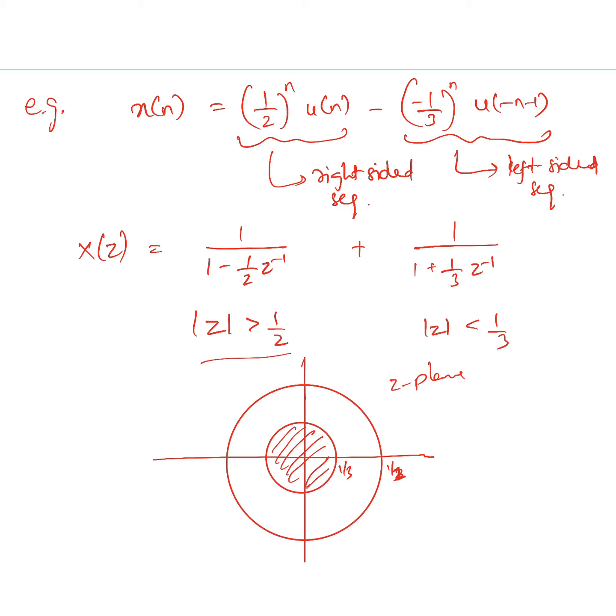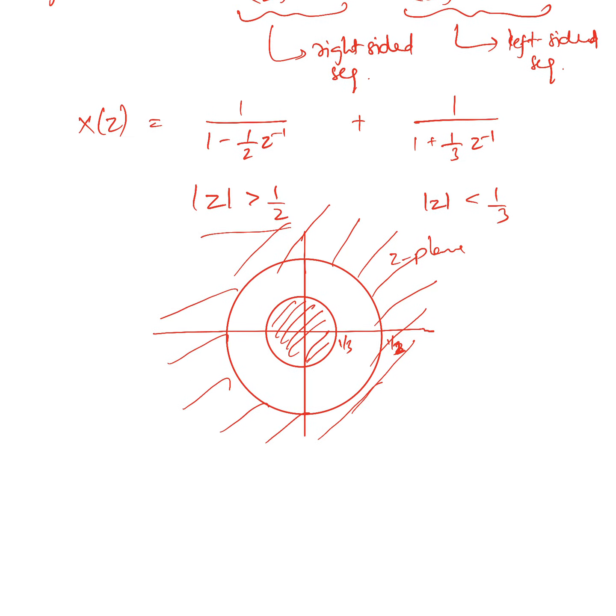And for this part it says mod of z greater than 1/2. So there is no common region between the ROCs. So it is not possible to compute the Z transform, because there is no overlap.